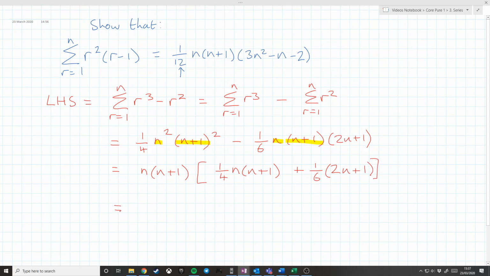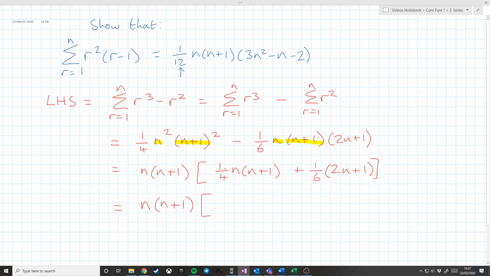Right, I am going to take out a 12th now, but you want to be really careful. You can be led by what you're aiming towards to make you think to take out a 12, but we've got to be really careful to see what we're going to actually be left with inside if I take out a 12. So I think I'm going to do it the ultra safe way, and that is to use equivalent fractions.